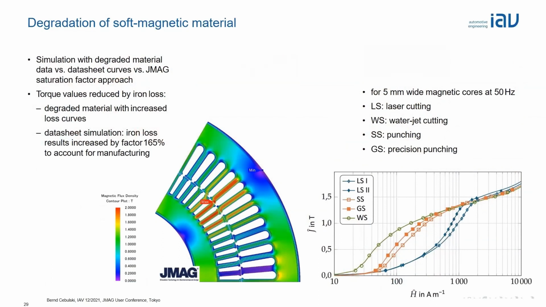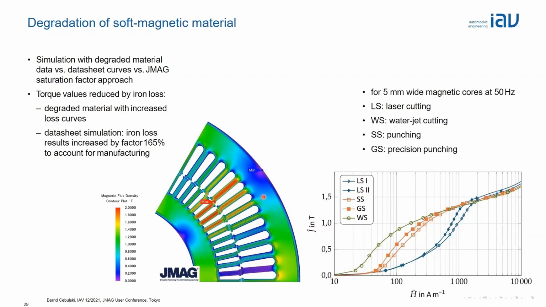The problem is really you have to know the properties. So at first you have to measure your iron sheets, and depending on the manufacturing method, like laser cutting or water jet cutting and punching, the influence on the magnetization curve, especially in the lower region, is quite big. Of course, in the saturation region, there's not much change, but in between, there's a very big influence.